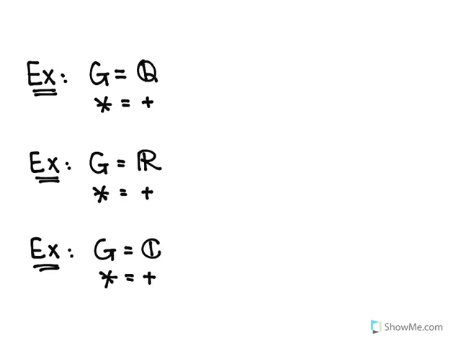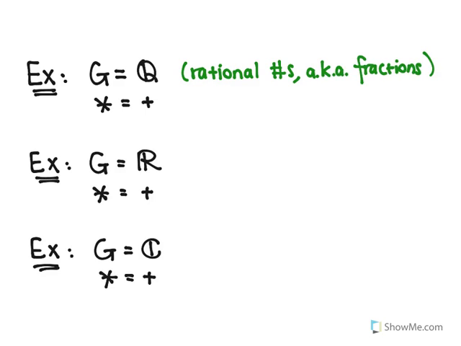The same basic idea actually gives us a whole bunch of other examples. Like, for instance, I could take G to be the set Q. That denotes the rational numbers, otherwise known as fractions, one integer divided by another. And then if I still take my operation to be plus, essentially the same exact argument we made shows that this is a group too.